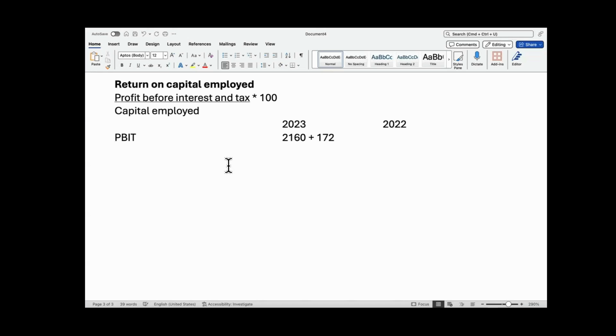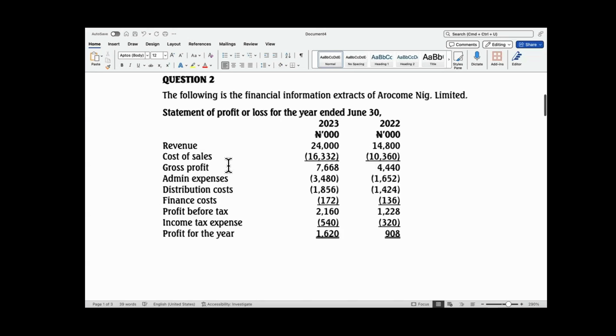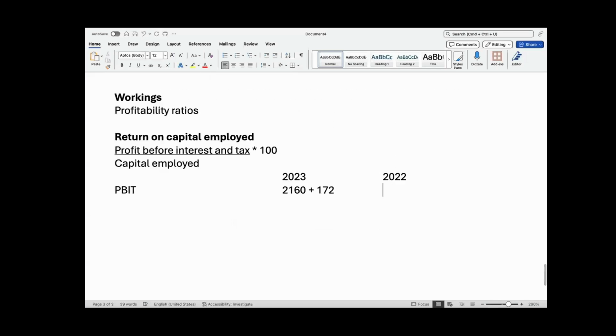That would be 1228 plus 136, which gives 1364. Okay, divided by capital employed.